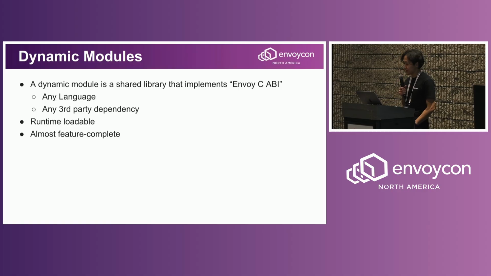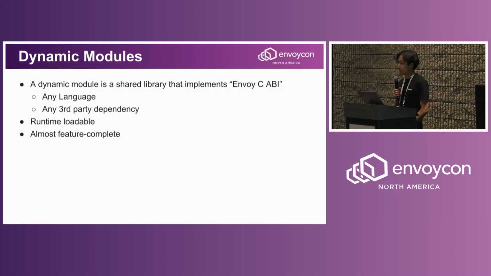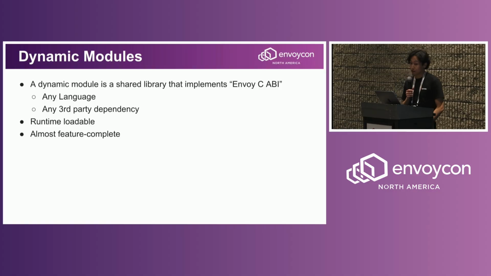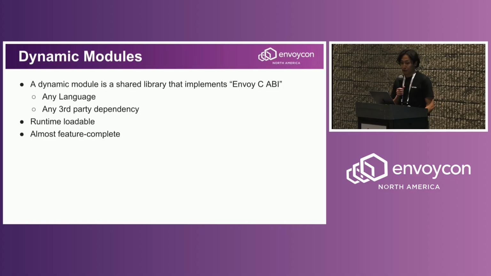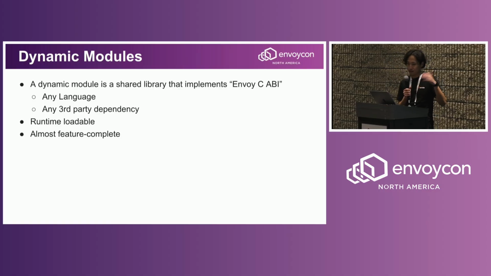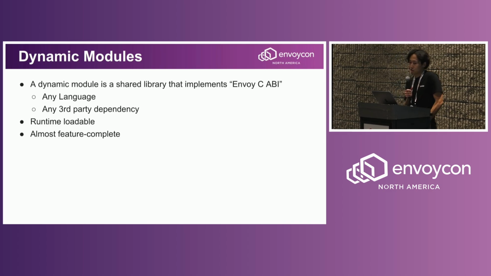What that means is that you can use whatever compiled language you want, because I think any compiled language can produce a shared library. But it's not just a shared library, you have to implement the Envoy C API, which is written in a single C header file, about 2,000 lines of code with lots of documentation.